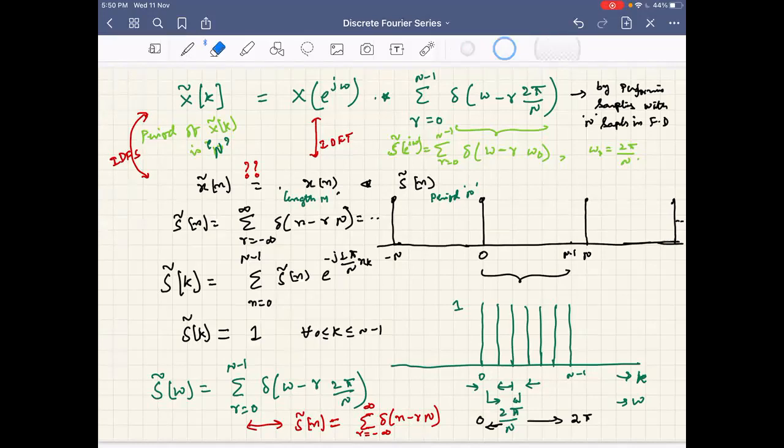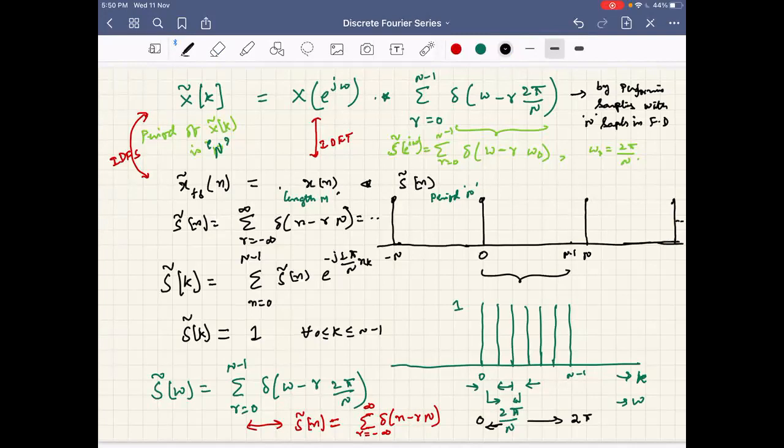So to differentiate this, let us not call it x tilde of k. Let us call this x reconstructed n. This x reconstructed n is the frequency sampled n, which comes from the inverse Fourier transform relationship of the frequency domain sampling.